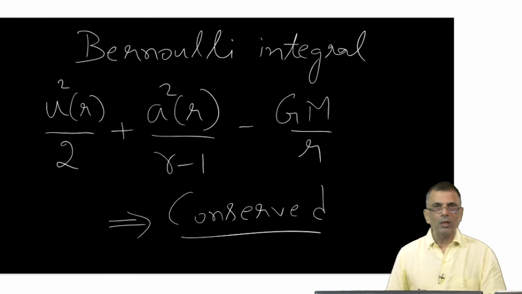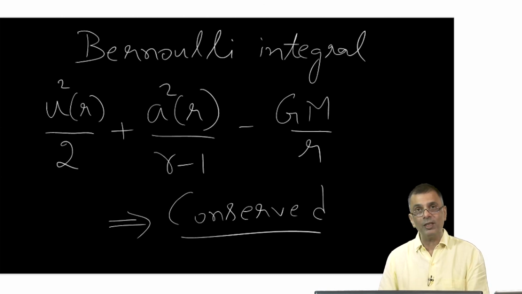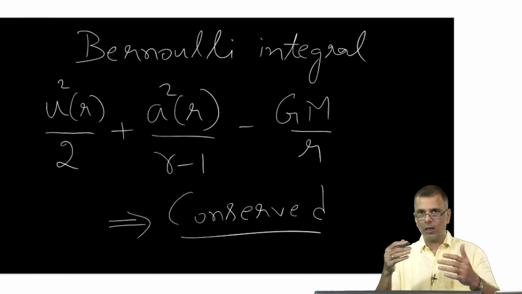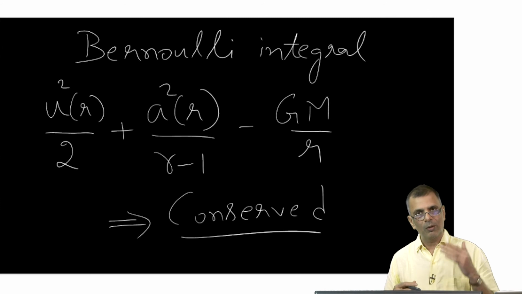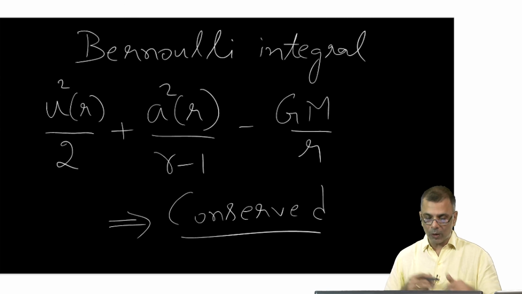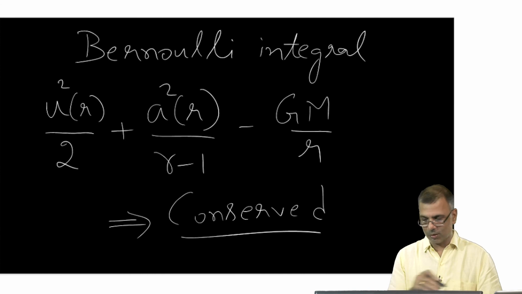Okay. So everything that we've been doing so far by way of the sonic point, how du by dr behaves, and so on and so forth, is all the same. It's just that the emphases are slightly different. So we will not repeat the discussion. We will assume that you're already familiar with the discussion that has taken place, but we will recast the conserved quantities and everything in terms of this Bernoulli integral.